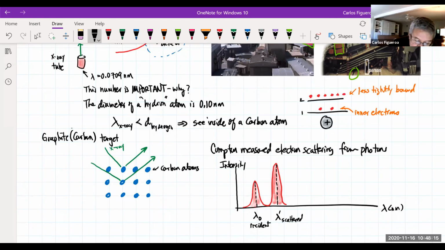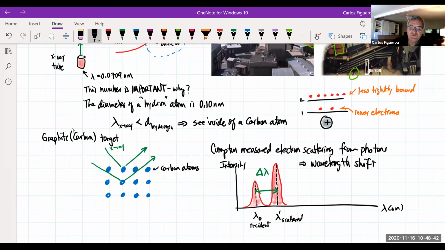And what he measures is this wavelength difference. Okay, so Compton, the way he measures that is he looks at the wavelength shift. That's what his experiment does.